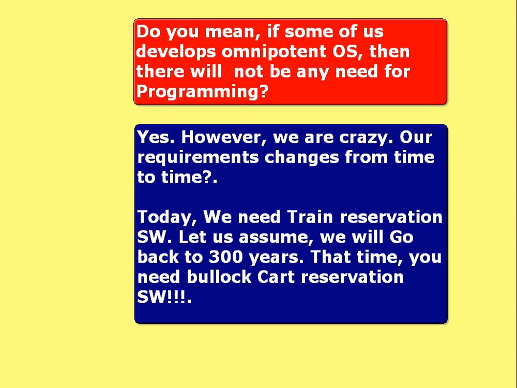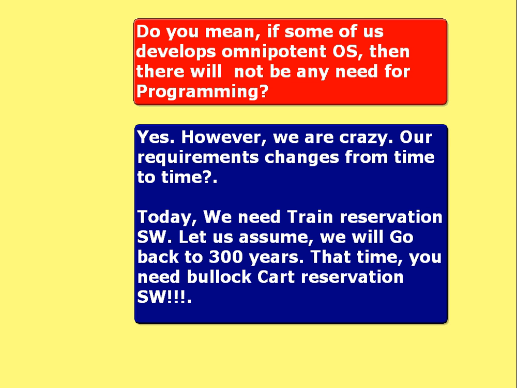Let us say today we are having computers, we are having trains, thus we are having train reservation software. That is, we are having trains, thus we require some software to manage the reservations of the train. Let us go back 300 years. That time we have bullock carts, and I assume that computers are available.